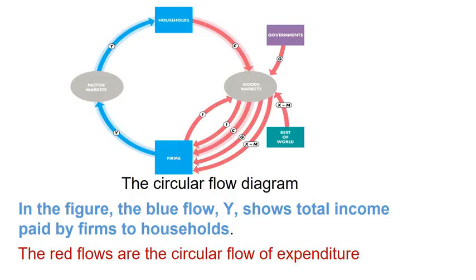But what is the red and what is the blue? I'm going to explain first the households, and then we're going to explain the consumption expenditure, governments and the rest of the world. I'm going to explain the main stuff here to understand how it works.